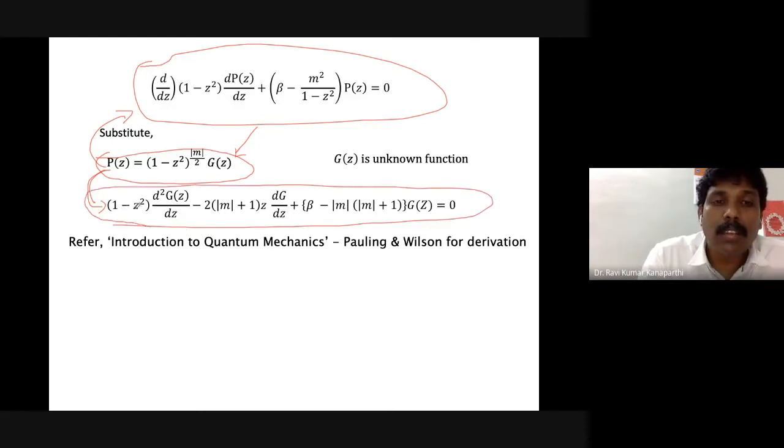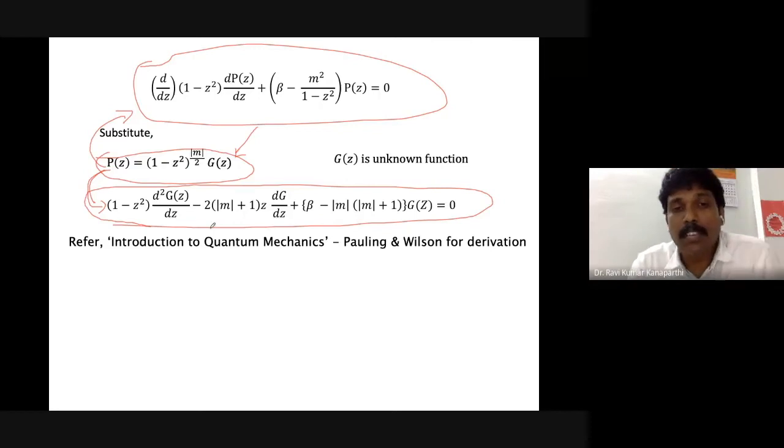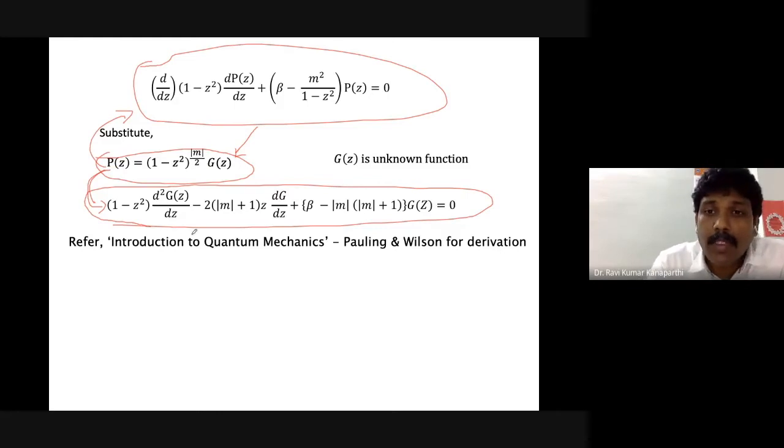It takes a little time to explain, but for the time being please accept this expression and believe me that it is there. Only then can we proceed further.